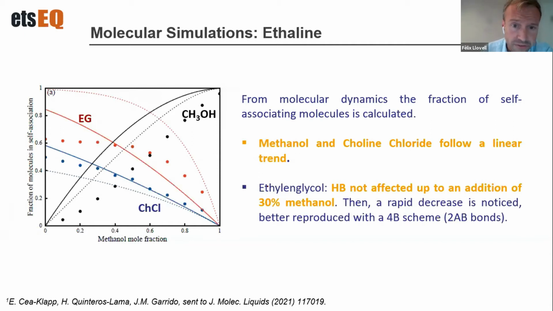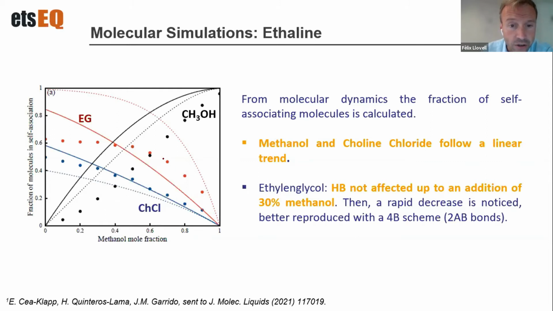They could observe that methanol and choline chloride followed a linear trend. The simulations represent the symbols. Methanol has a quite linear trend with the methanol mole fraction in terms of self-associating molecules of methanol, while also for choline chloride, the trend was not perfectly linear, but quite linear.